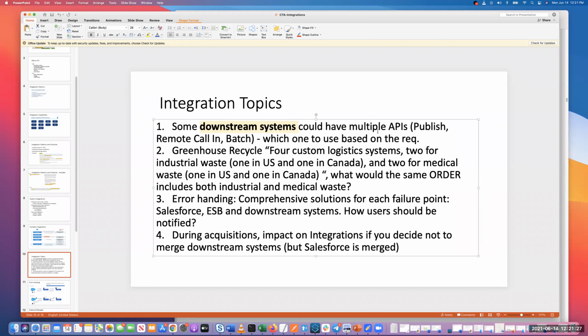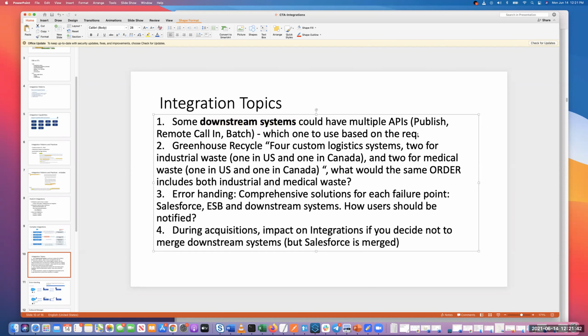So the same data could be given to you in different ways. They could publish the data, you could call in, so it will be remote calling for them, or they could give the data in a batch format, right? So just think about which pattern to use based on the scenario, right?